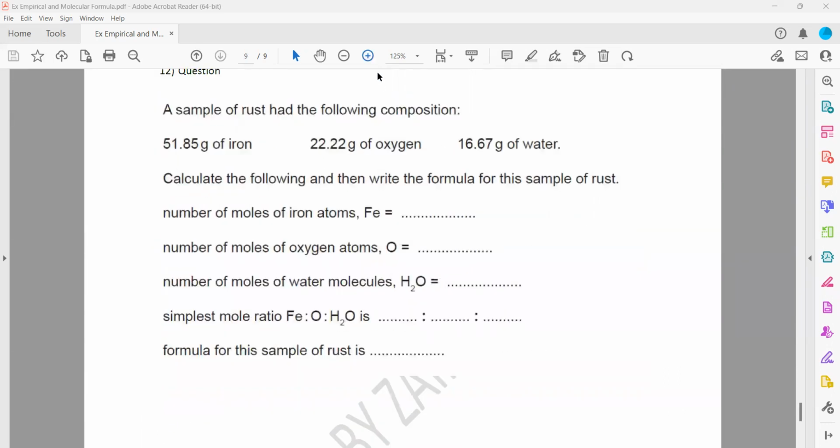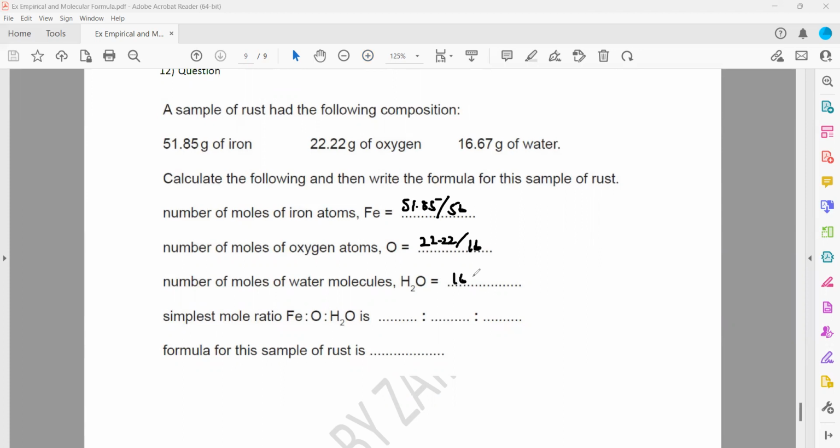Then the last question, a sample is there of a rust. Calculate the moles. How to get the moles? Mass in gram over molar mass. So 51.85 divided by 56. For oxygen atom, if it was an oxygen molecule we divide by 32, but for oxygen atom we divide by 16.